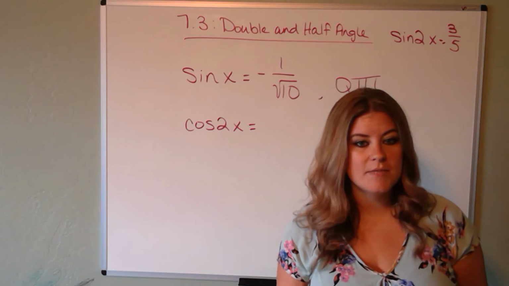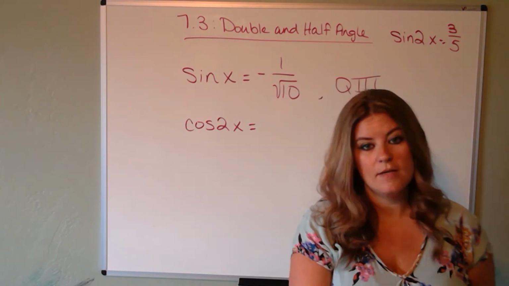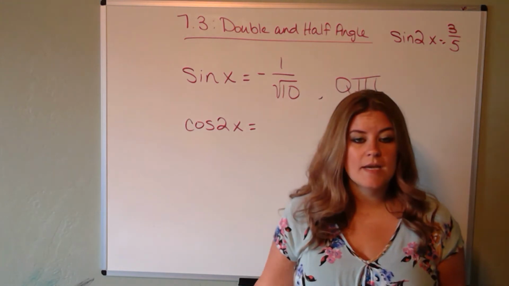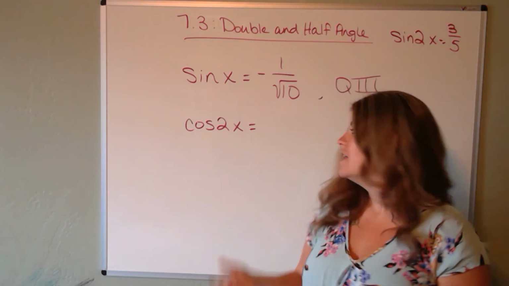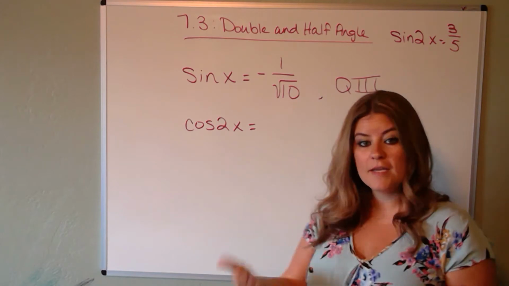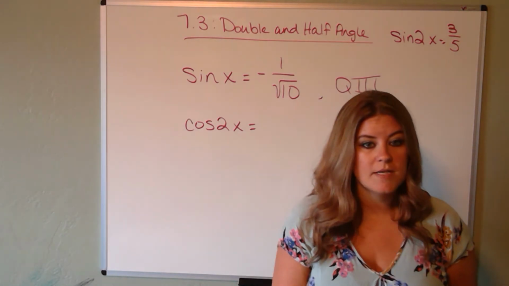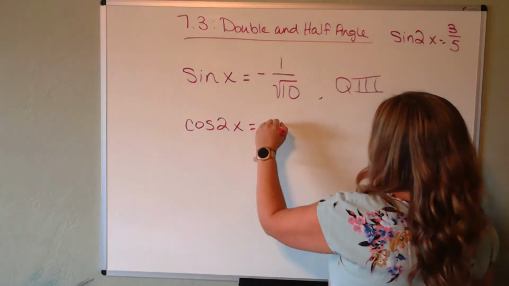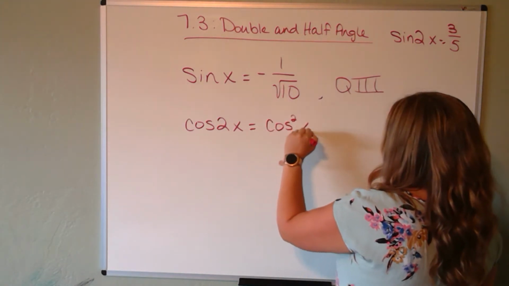I had sine to begin with, and then I solved for cosine. So since I have both sine and cosine of x already, it really doesn't matter which one I use. I can use the one that has both sine and cosine in it if I want to. It's usually the one that comes to my mind first, so that is the one I'm going to use.